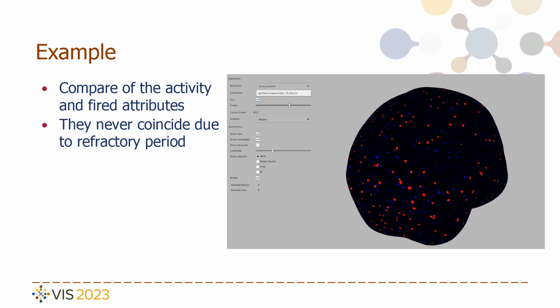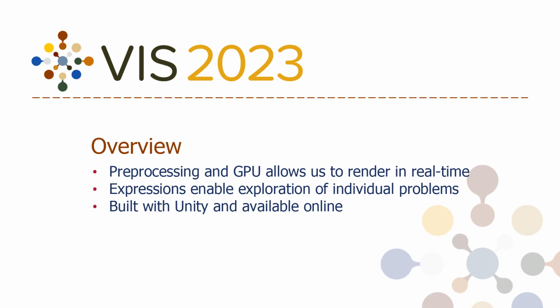And this doesn't overlap with the fired state, because the fired state needs a buildup of electrical activity. Of course, there are many other examples that could be realized. For example, we could take the difference between the total axons and the connected axons for each neuron and get a visualization of how many axons are available for each neuron.